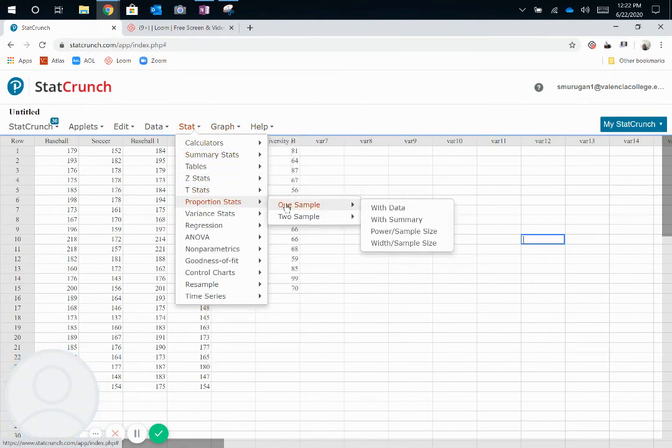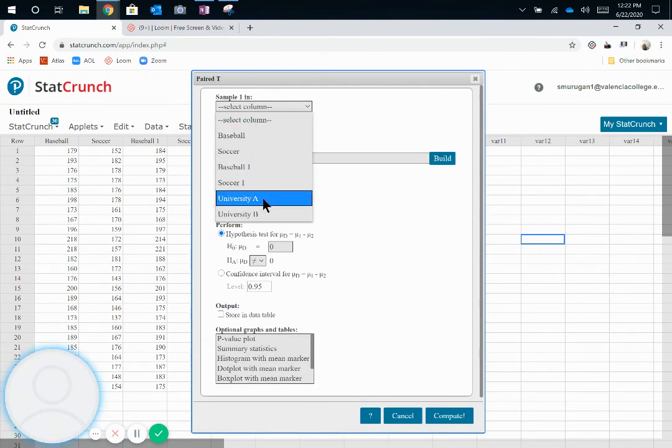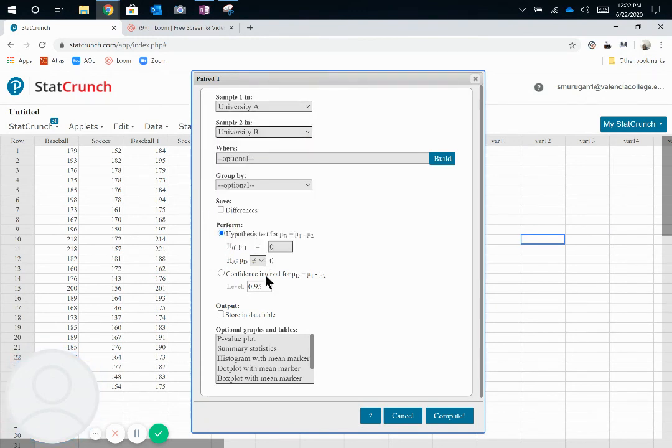For the t-stat, at this time you don't want to do one sample, you want to do paired, because we're talking about the same type of textbooks for the same courses, but at 2 different universities. Column 1, University A, column 2, University B. Hypothesis equal to, not equal to, compute.